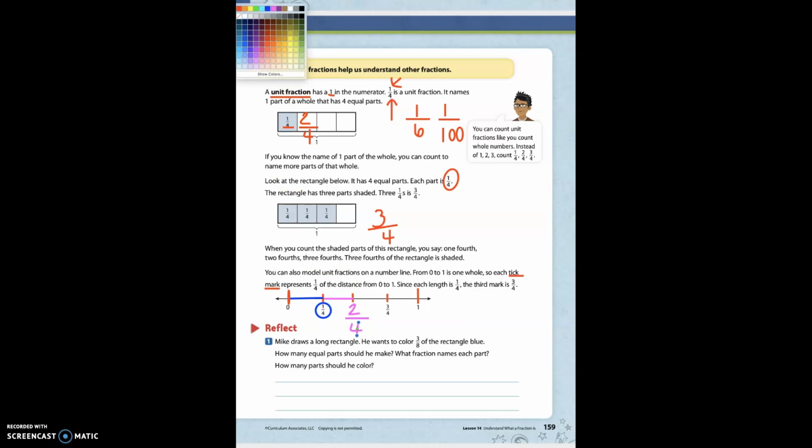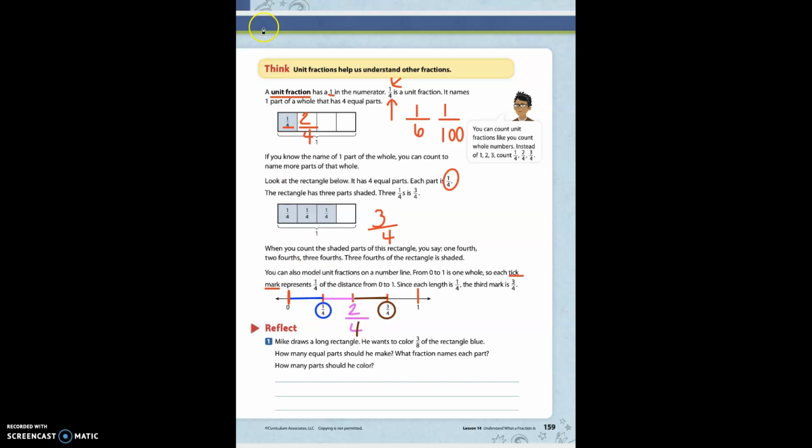And then as we keep going on the number line, from this point to this point would be another 4th. Because you have 1/4 and then another 1/4, that makes this 2/4, and then you have another 1/4, and so then it's 1/4, 2/4, 3/4, and your labels still go at the tick mark because it takes this whole space right here to equal 3/4.